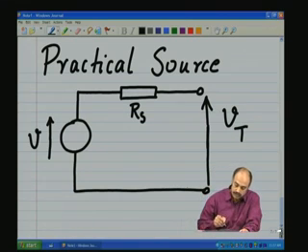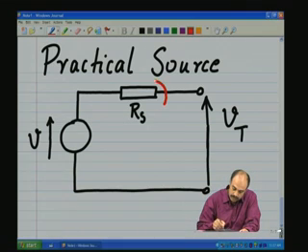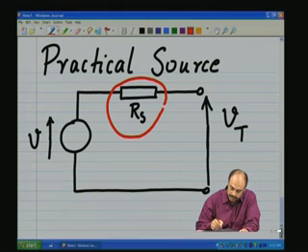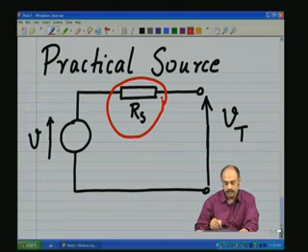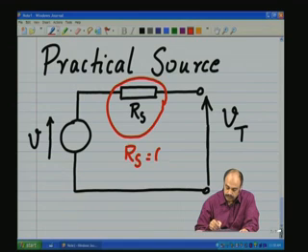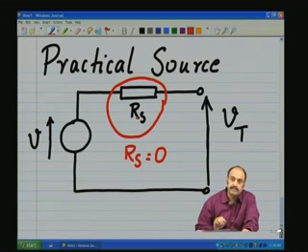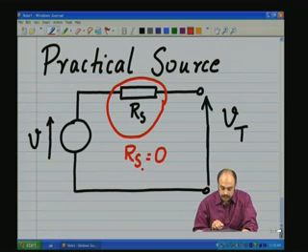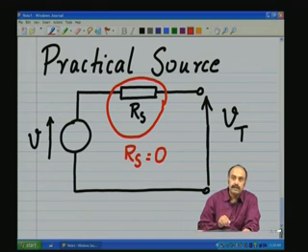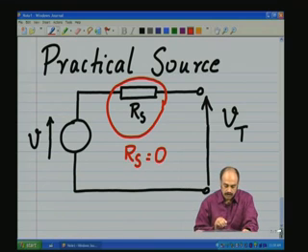Okay. In the case of an ideal source, this component was not there. Rs was equal to 0 in the case of an ideal source. But in the case of all real practical sources, Rs is a finite, non-zero value, and it has an effect on the VI characteristic of the source.